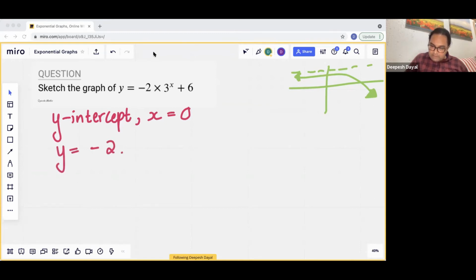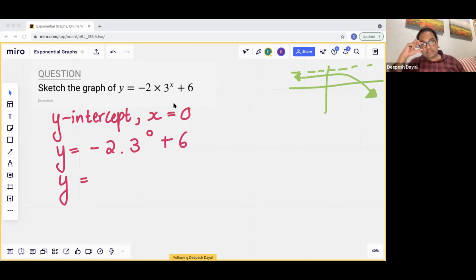Then I'm just putting a dot here, which is the same as times. So what is the y-intercept equal to? Anybody have an answer for me? Minus 2 times 3 to the 0 plus 6. What is 3 to the 0? Anything to the power 0 is 1, right?